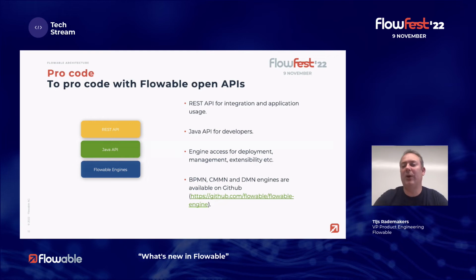If you want to go beyond the low-code features, then that's possible. And of course, another important part of this pro-code open API aspect is that our main engines, the BPMN, CMMN, DMN engines, are available on GitHub. It doesn't get more pro-code than that. You can get all the code from our GitHub repository and play around with it.